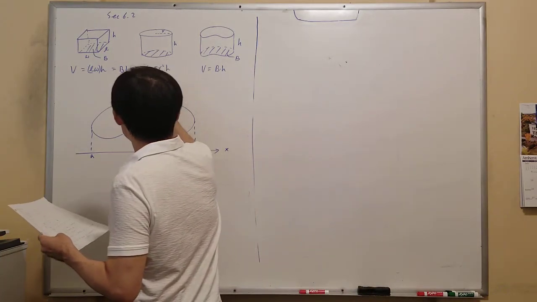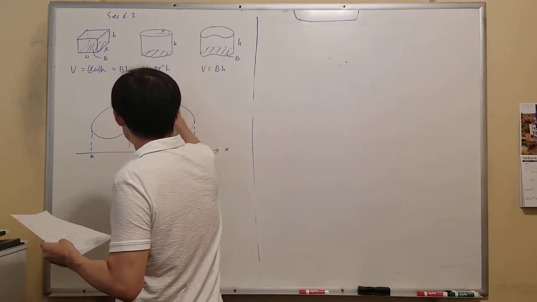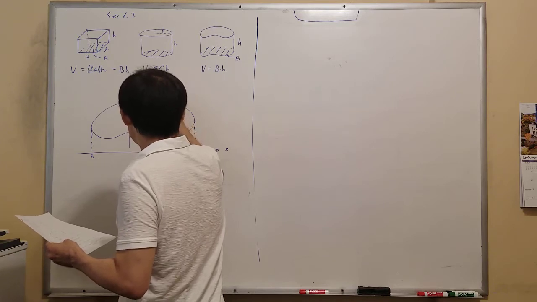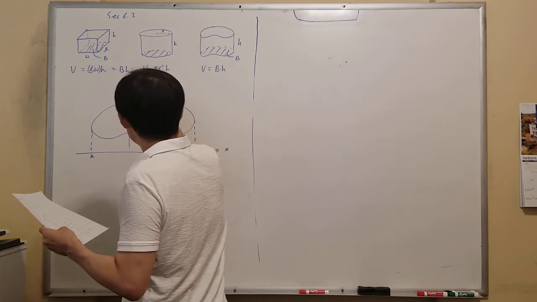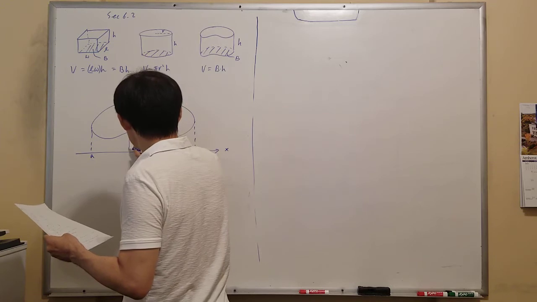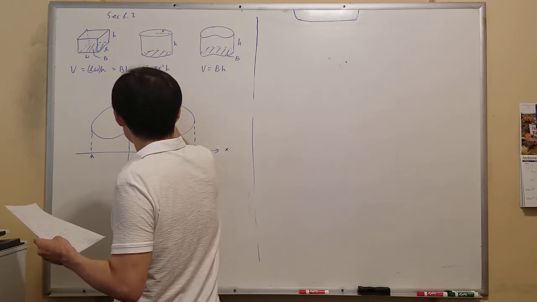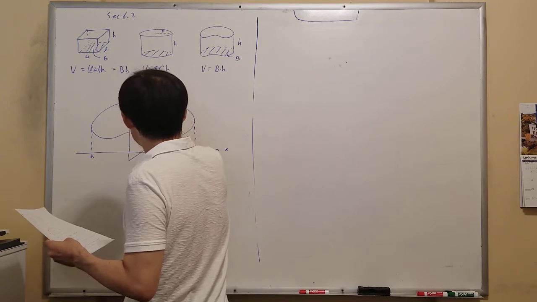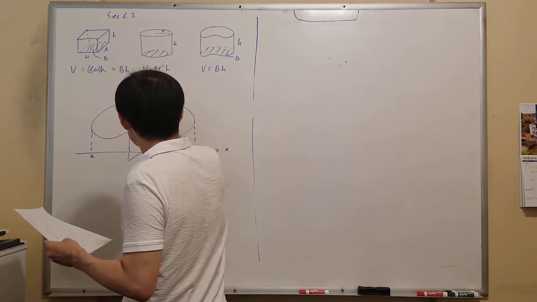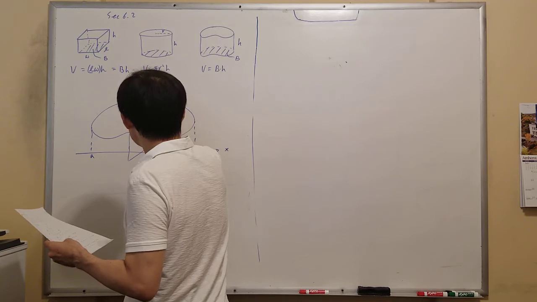So, when you go through this, this is the cross-sectional area.